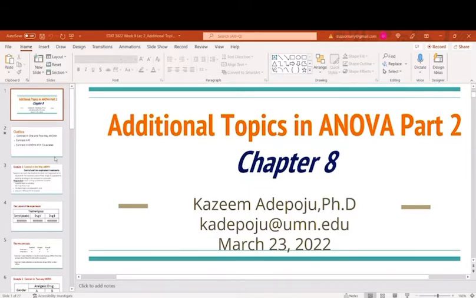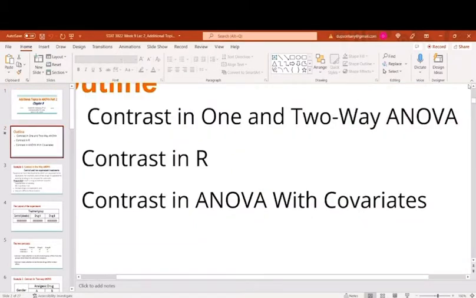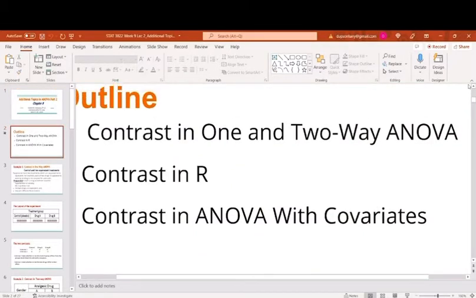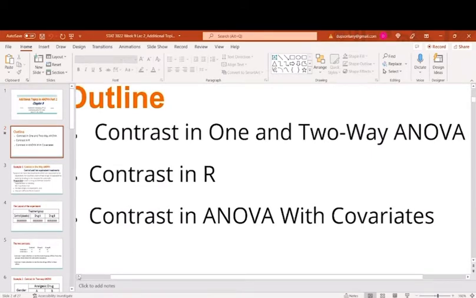Okay, so in the outline today, I'm basically going to discuss what we call contrast in one-way and two-way analysis of variance. I'm going to show you the difference between contrast and the pairwise comparison that we've done before.